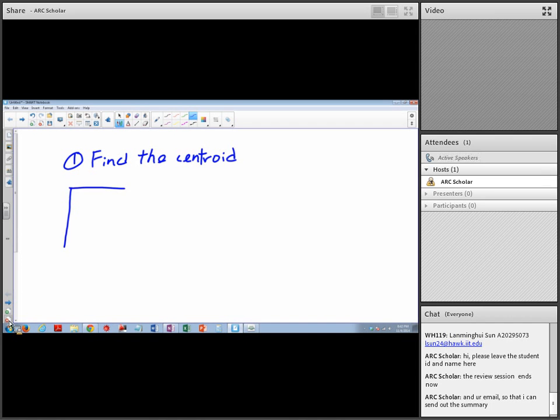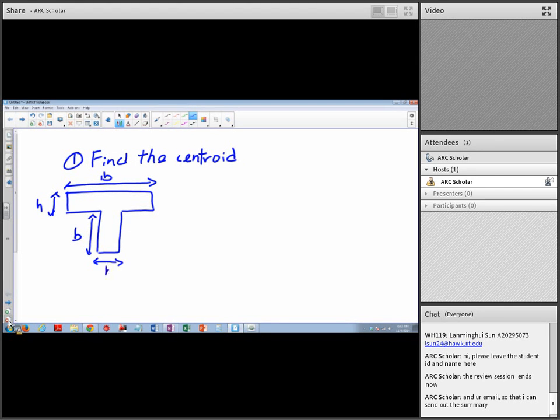Let's say this is a T shape here, and here is E. So to find the centroid, basically the equation is just a summation of A y over the total area. So let's look at this shape.